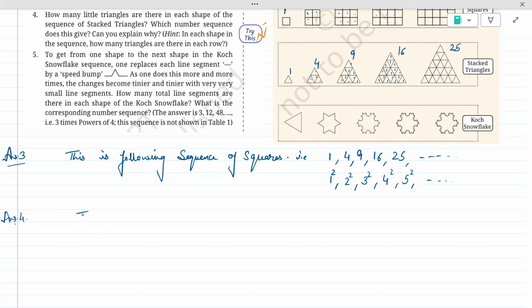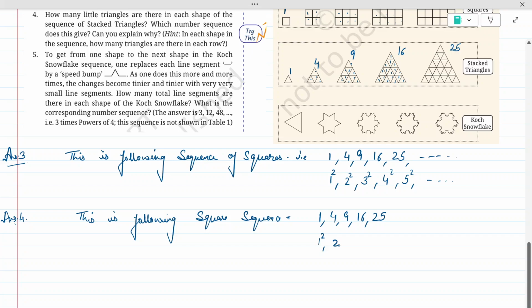Again, this is following a square sequence, right? Like above, 1, 4, 9, 16, and 25. And we can write this as 1 square, 2 square, 3 square, 4 square, 5 square, and so on.